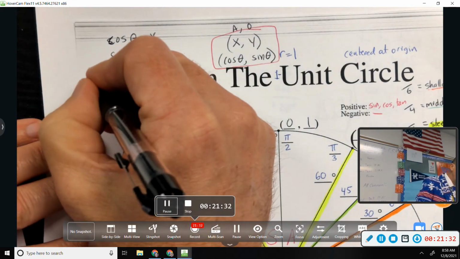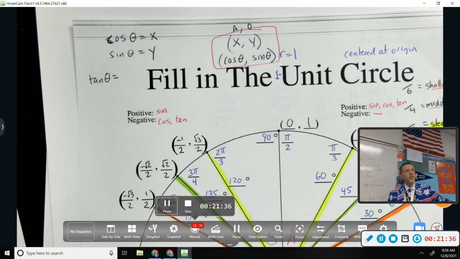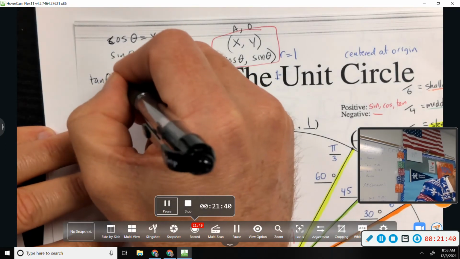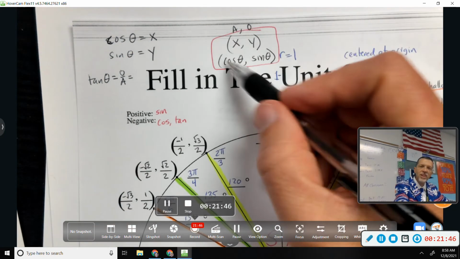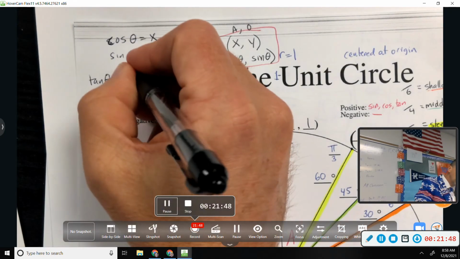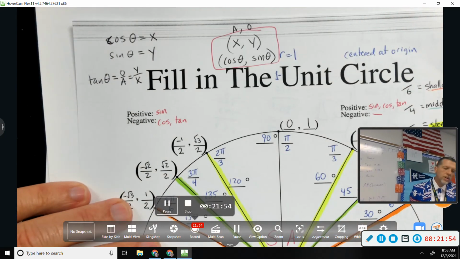Do you remember what tangent was equal to? It's TOA. So I guess we could start with that. But who did O and A go with? That's right here as well. So to find tangent, you do y over x. You need both of them, the y-coordinate over the x-coordinate.